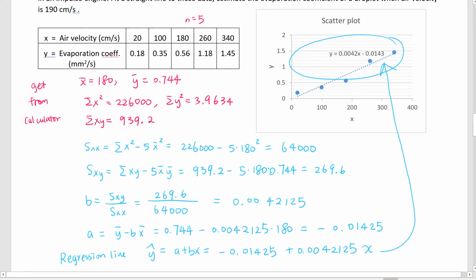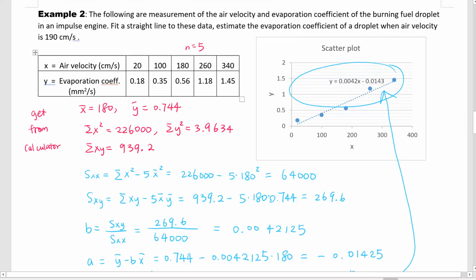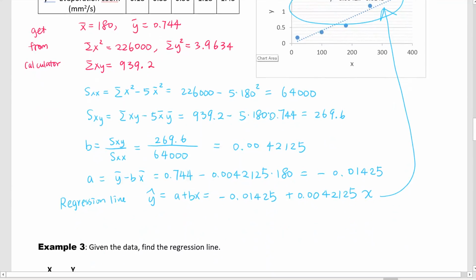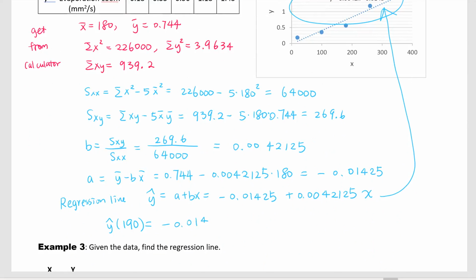But our problem is asking to estimate the evaporation coefficient when the air velocity is 190. So we're gonna plug in y hat of 190. So that's negative 0.01425 plus 0.00422125 times 190. So let's plug this in our calculator.